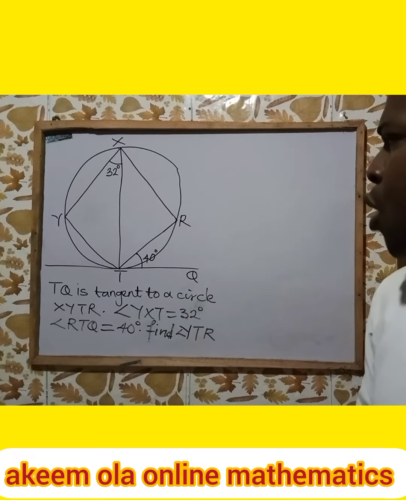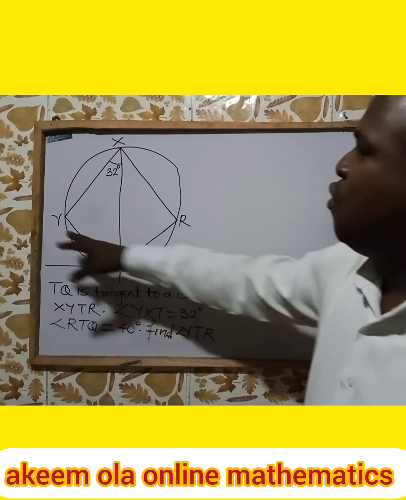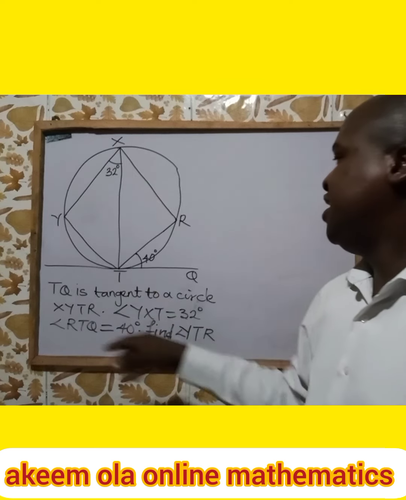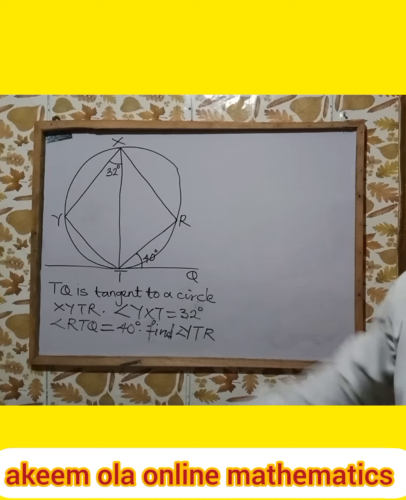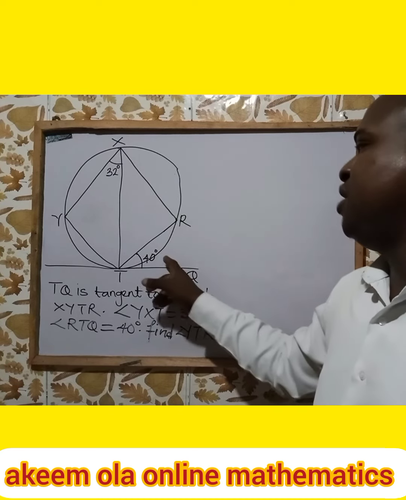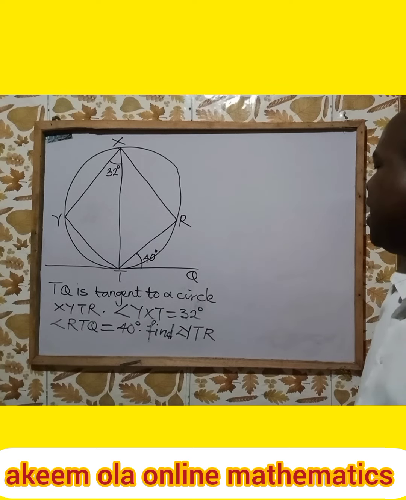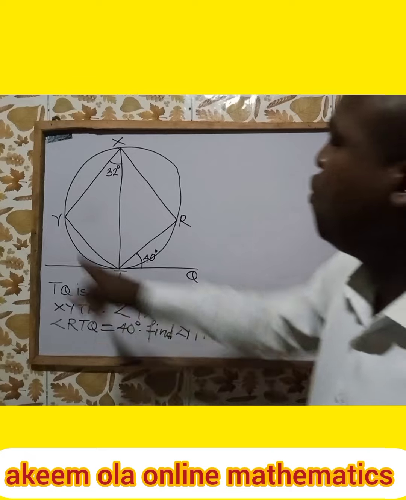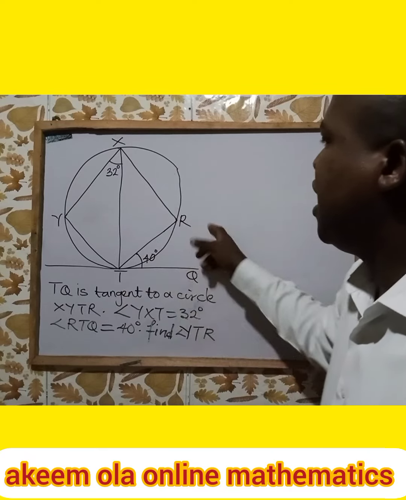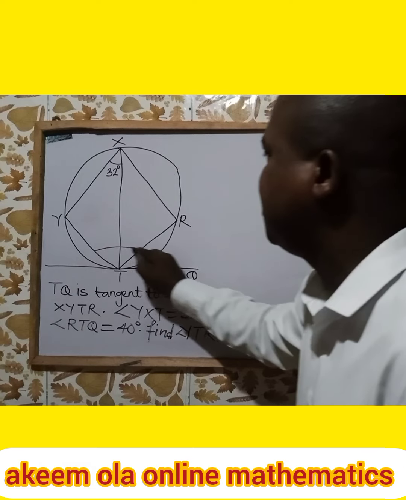Angle YST is 32 degrees, and angle RTQ is 40 degrees. Then we are asked to find angle YTR. That means we are looking for the whole of this.